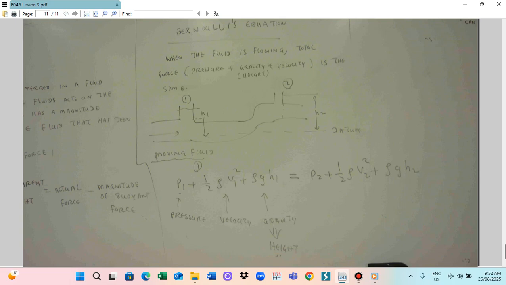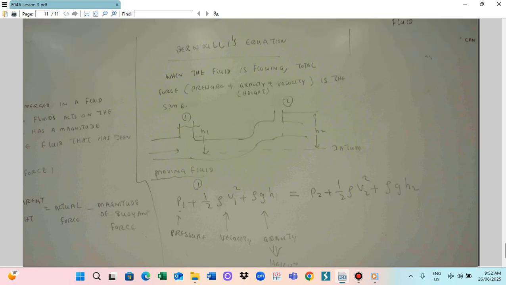Bernoulli theory means that when there is a moving fluid, the total of pressure, half rho V square and rho g H at point 1 is equal to that at point 2.